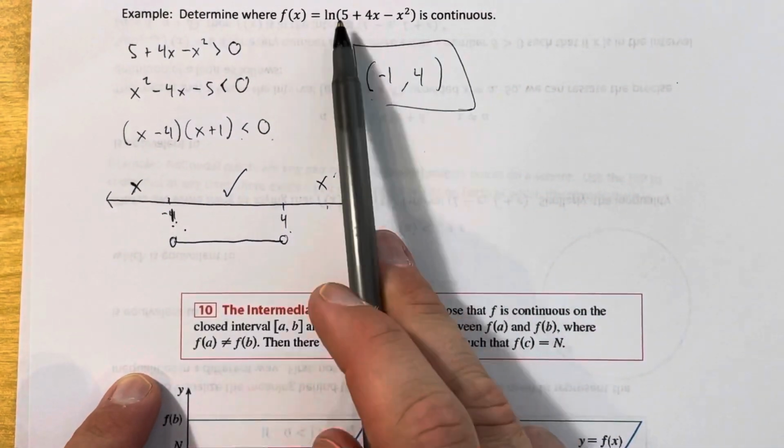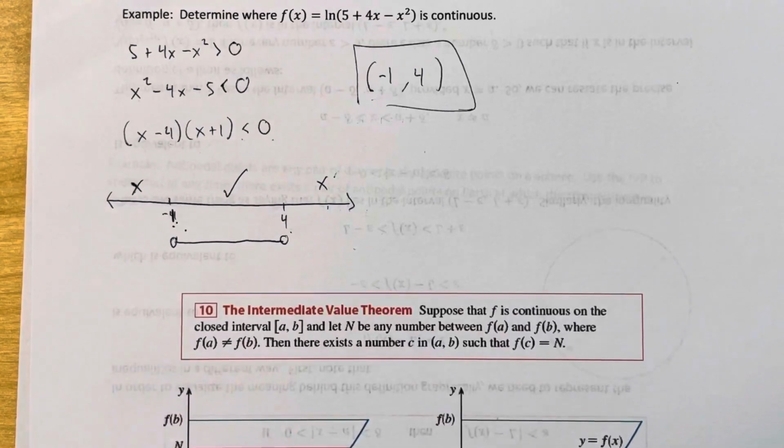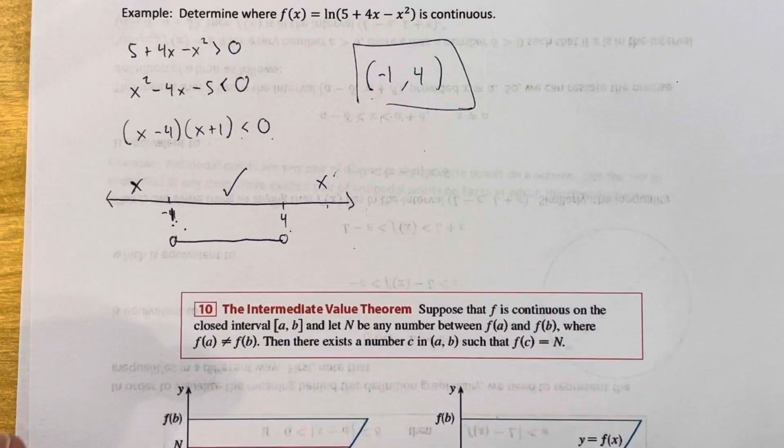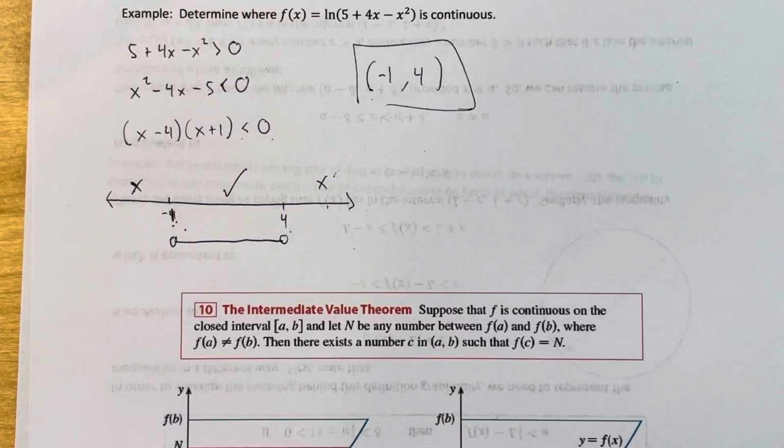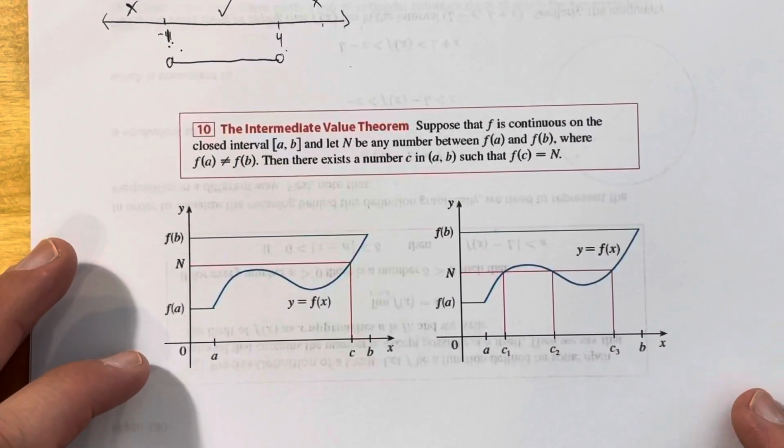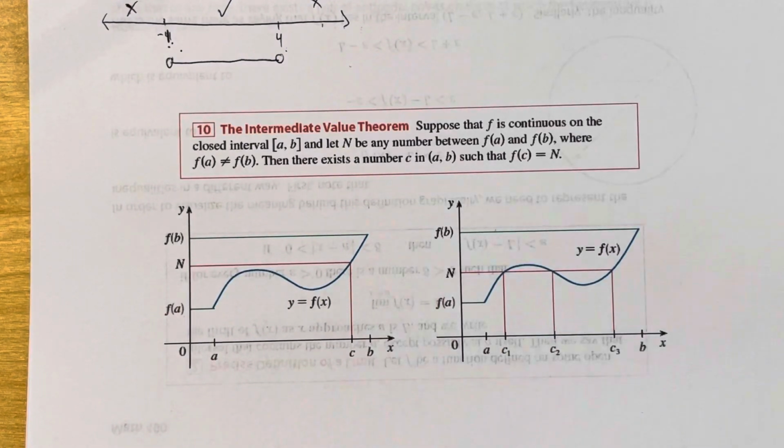That is the interval on which this function is defined, and by the theorems that we've already talked about, it would then be the interval on which this function is continuous. Okay? We're going to end our section on continuity talking about a really important theorem called the intermediate value theorem.